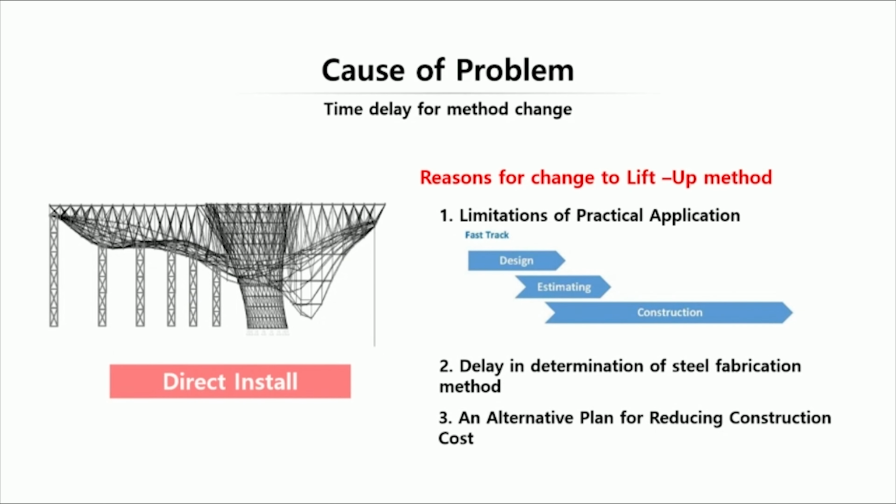At the beginning, the big loop was designed by using direct installation. However, the construction method was changed due to limitations of practical application, delays in determination of steel fabrication method, and reduced construction cost.